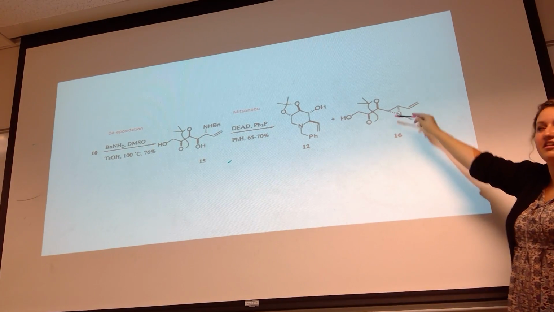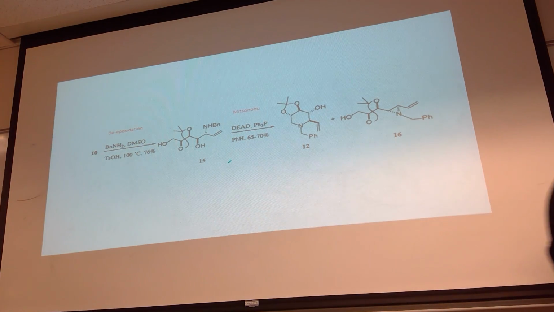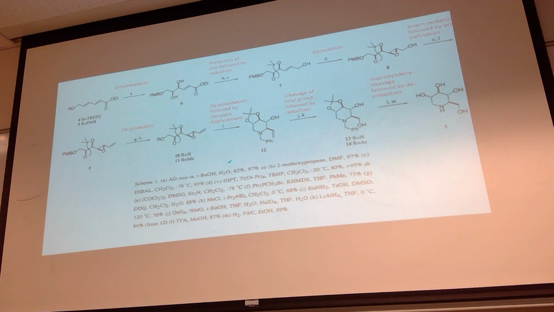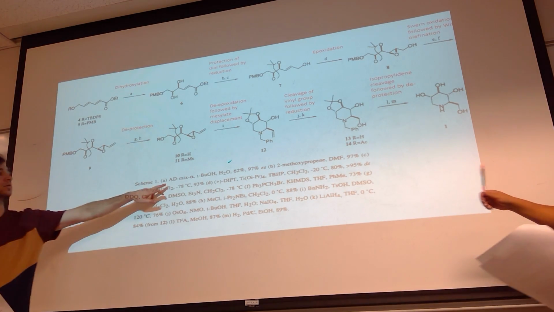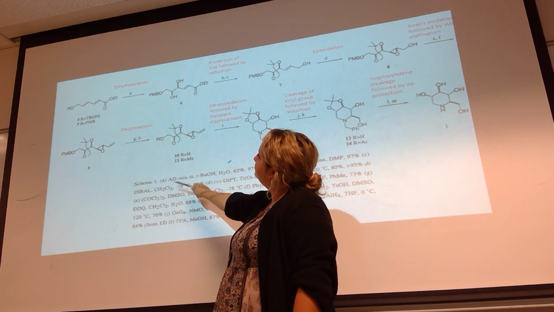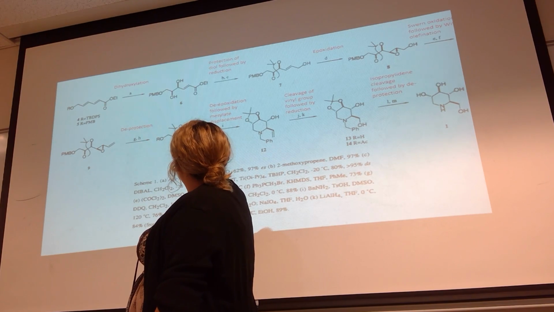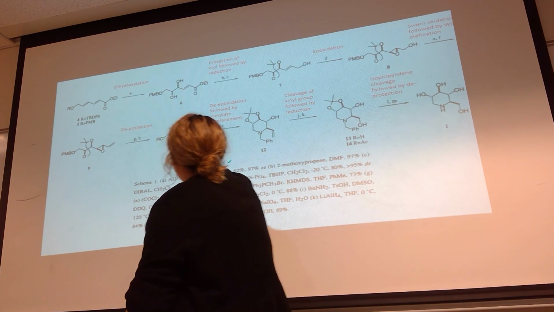So what was the previous step? Just like in the previous group, there's an alpha oxidation. Where's the oxidation? Where are the two oxygens coming from?